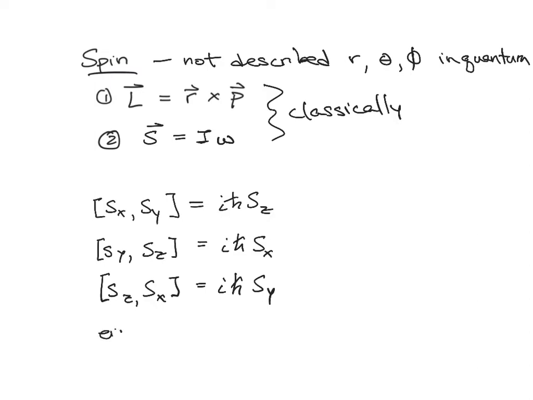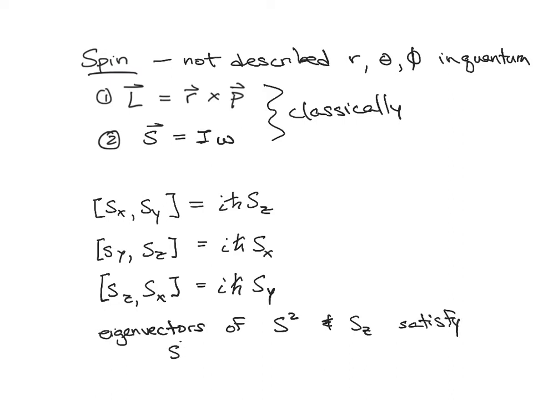Just like L, we're going to see that the eigenvectors of our spin squared and a component, S_z, satisfy similar eigenequations.